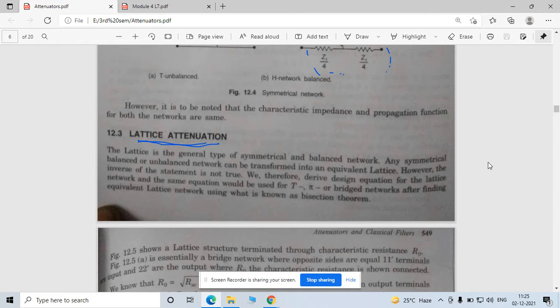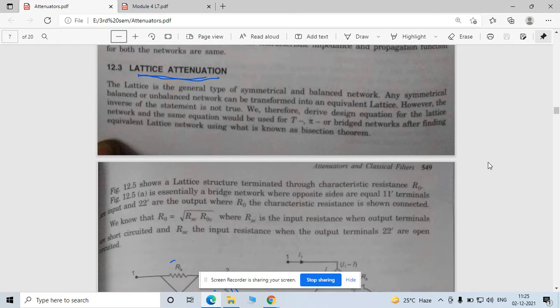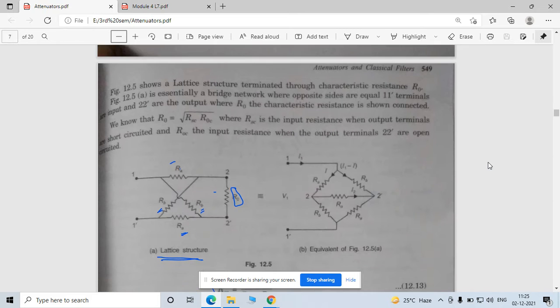Now see, in a lattice network your basic circuit is just like that.